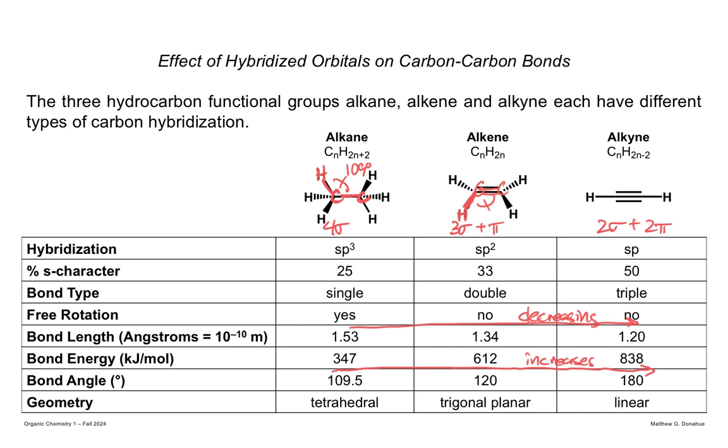So 120 times 3 is 360, so in that you're sort of doing a circle. And then H, C, C here for the alkyne, that's 180 degrees. So that gives you a more mathematical description of how the shape differs. And then from that angle, we get what we're calling geometry or shape, tetrahedral, trigonal planar, and linear.